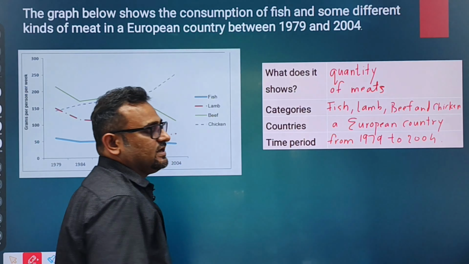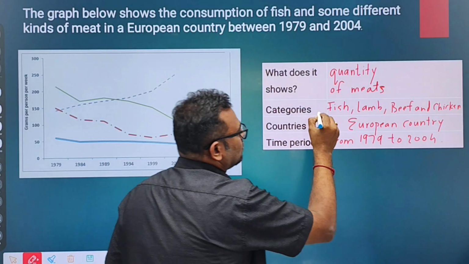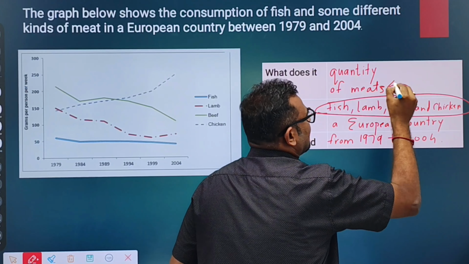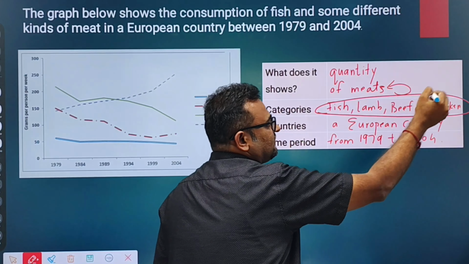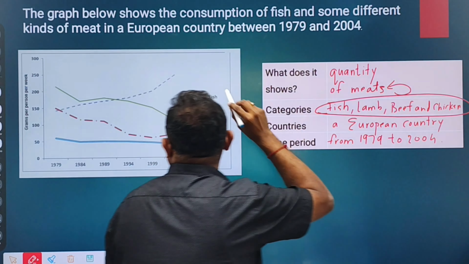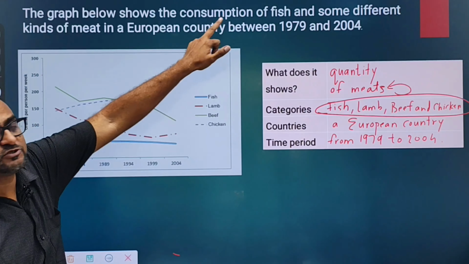So what does it show? Quantity of meat. Either I have four types of meat, or what I can do, instead of writing meat, I will use fish, lamb, beef, and chicken. So quantity of meat, actually it's not quantity of meat, it's quantity of meat consumed. Say consumption of fish.